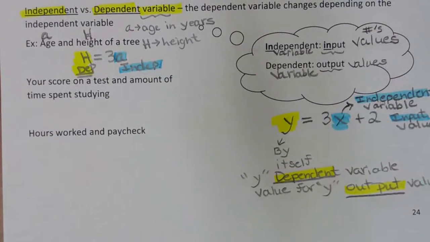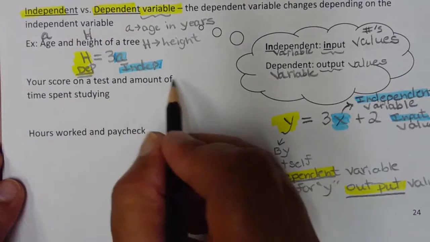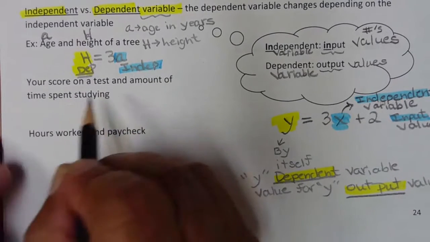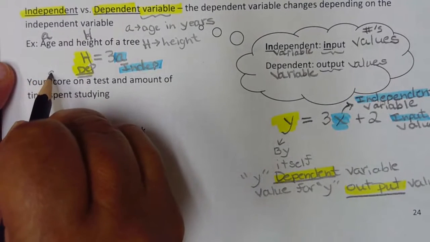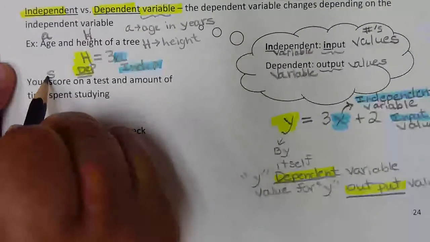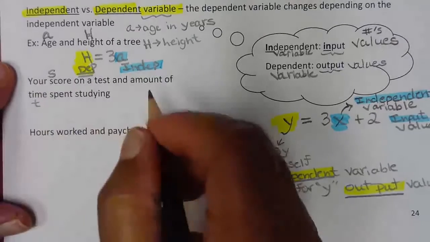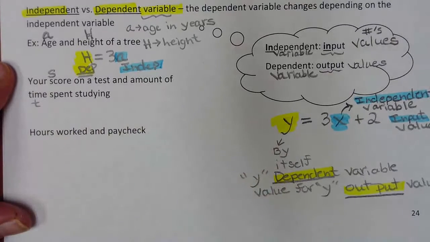Okay, so let's see. This time we're talking about a score on a test and the amount of time spent studying. So why don't we use big S for the score on your test, and I'm going to use t for time spent studying. So let's say that time is in hours.